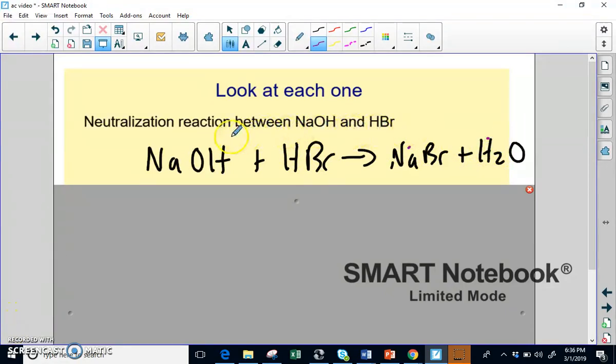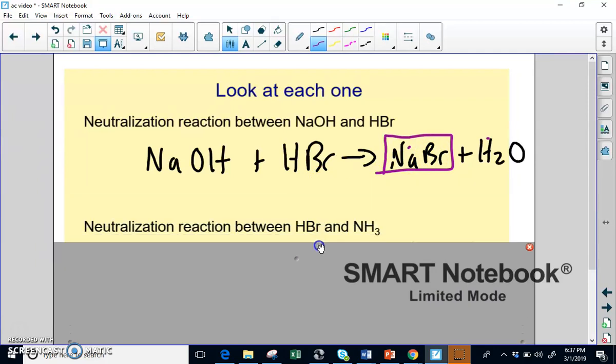And at this point, when all the moles of base have reacted with all the moles of acid, if you have a strong base and a strong acid, the pH is 7. And why is that? Well, this salt is composed of two spectator ions. Both Na+ and Br- cannot act like an acid or a base. So when NaBr is in water, it does not affect the pH. So the pH is neutral.